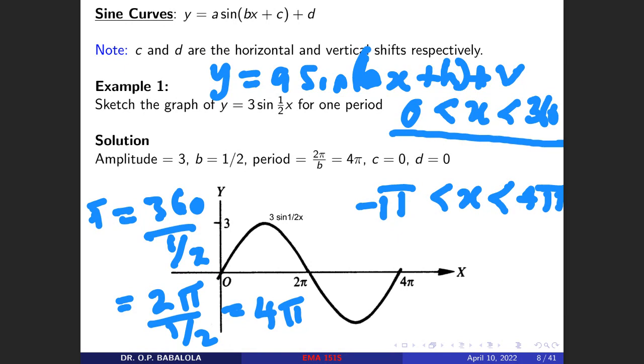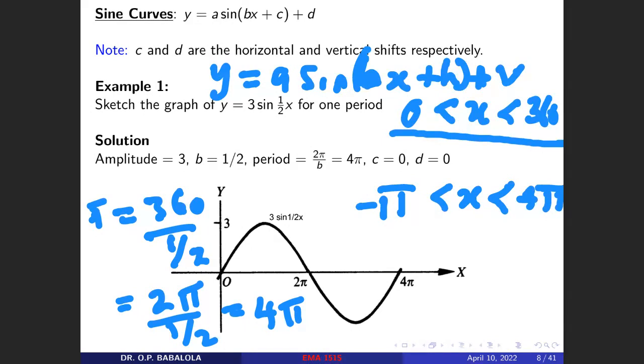All right? And now we want to sketch this graph. How do we sketch this graph? It's easy. We draw a y and x axis. And then what is the amplitude? What is the peak which our graph will attain? The peak which our graph will attain is 3.